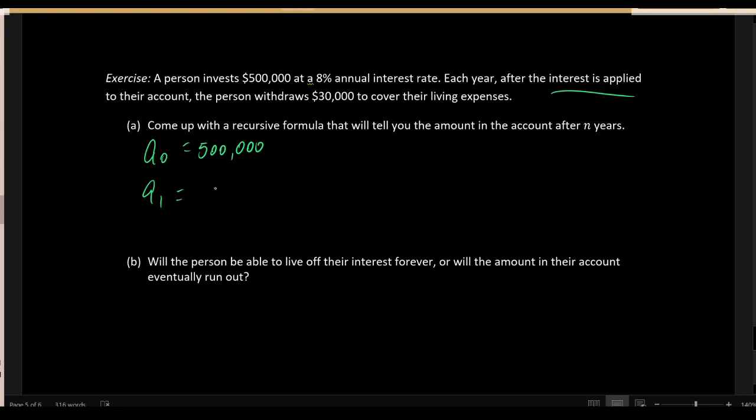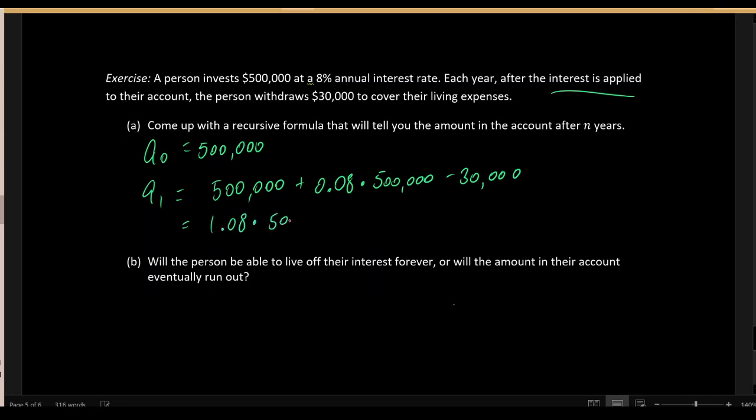So I have my $500,000, and then I add on to that 8% of $500,000. After that interest is added on, I go in and I subtract $30,000 for the expenses. So after some cleaning, this is 1.08 times 500,000 minus 30,000.